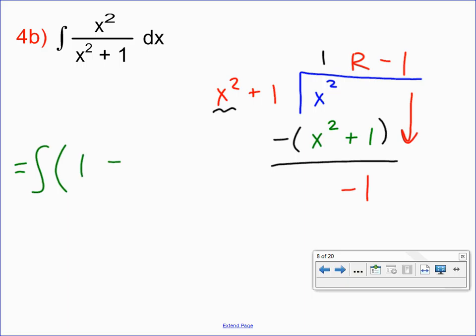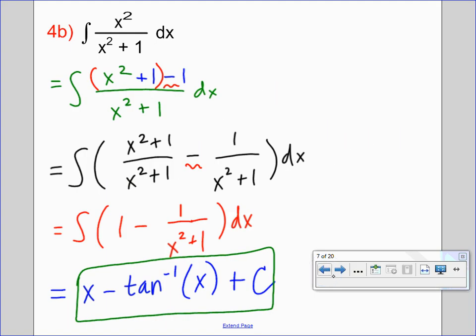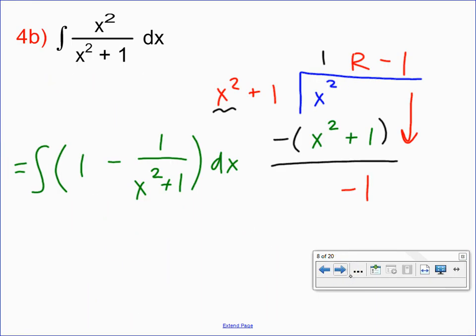So 1 minus 1 over x squared plus 1. How's that helpful? Well, now look at our integrand. We can now integrate term by term, and by golly, that looks familiar. There's our 1 minus 1 over x squared plus 1. So that's pretty smooth. Integrating with respect to x produces an antiderivative of x minus inverse tangent of x plus c.